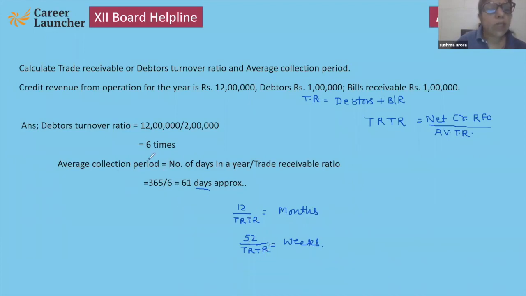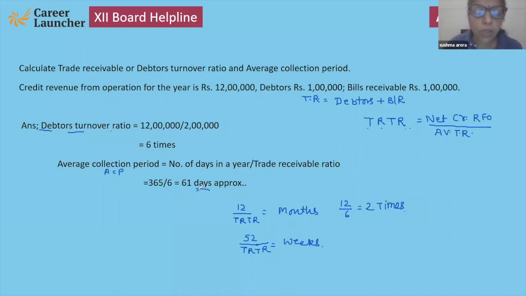Average collection period means what? You can use debtors turnover ratio or trade receivable turnover ratio, then average collection period: number of days in a year, and if they want to know that in months, simply 12 upon 6, you can write 2. So please read the question carefully.